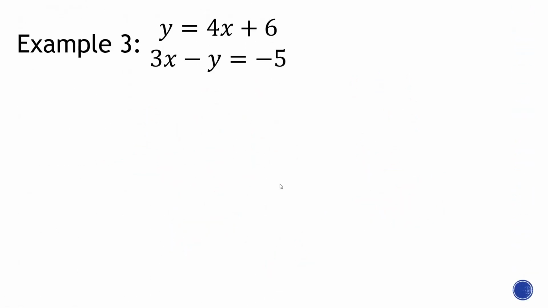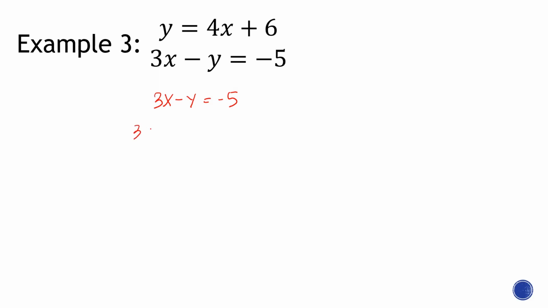Now, here, both are not expressed in terms of y, and they are not expressed in terms of x either. But one of those two equations is expressed in terms of y. So what I will do is first write the second equation, then I will replace the y by the expression of what we have in the first equation.